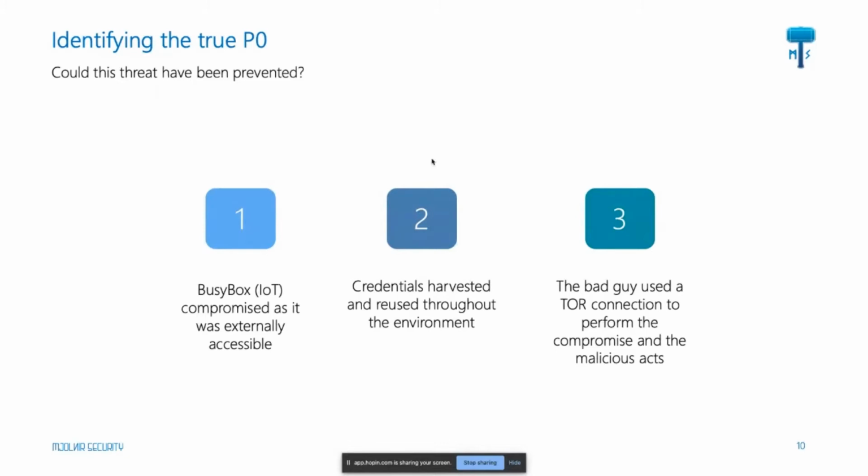And the bad guy used a Tor connection to perform the compromise and all of the malicious acts. So as far as we are concerned, either the Tor project people had us, or the client, or someone who's controlling all of the Tor nodes is the one doing all the hacking. In these cases, it makes it very hard to identify who the initial attacker was and what the actual patient zero is.